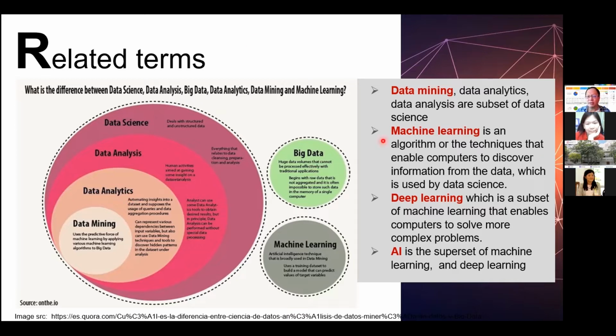Data mining means that it uses data analytics and data analysis to process data, which is a subset field in data science. Okay, and machine learning. Machine learning is an algorithm or technique that a computer can use to process all this data. It's a computer algorithm which uses knowledge from statistics and probability.